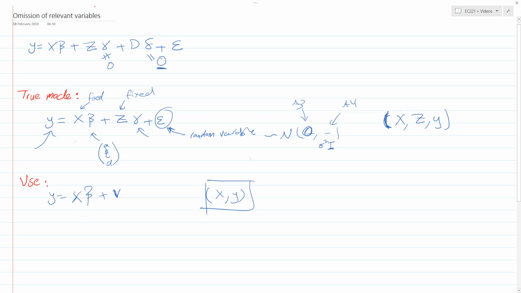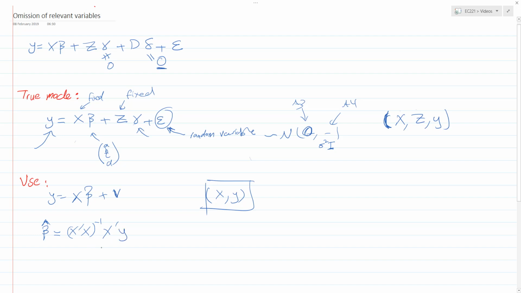If we calculate the OLS estimator based on the pairs of data here, we get the estimator for beta. Remember, beta is a constant, it's a parameter of the model. So if we want to get its value, we have to estimate it using a random variable, and beta hat is a random variable. So beta hat is equal to x prime x inverse x prime y.